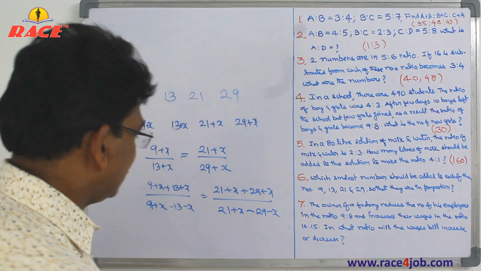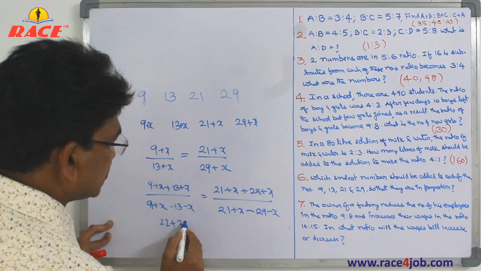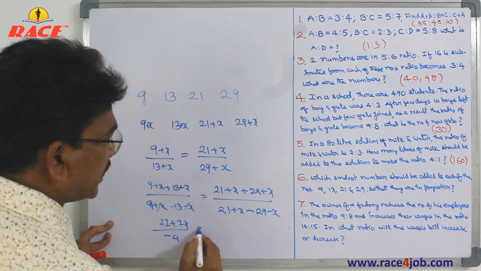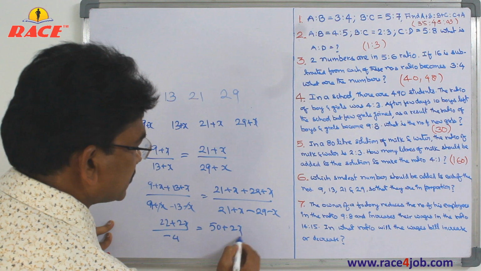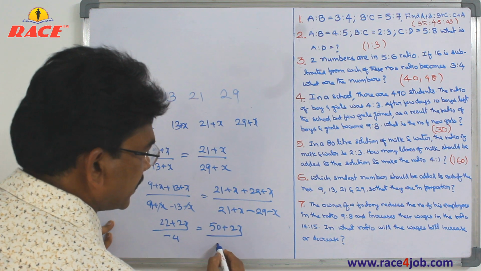Right? Like this. Let us further simplify. 9 plus 13, 22 plus 2x, by x and x cancel, minus 4. And here 21 plus 29, 50 plus 2x. Anyway 2x cancels. 21 minus 29 is minus 8.